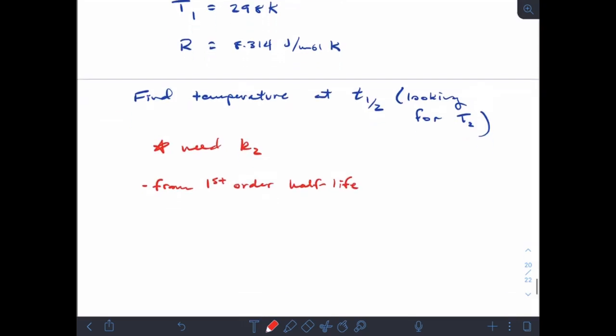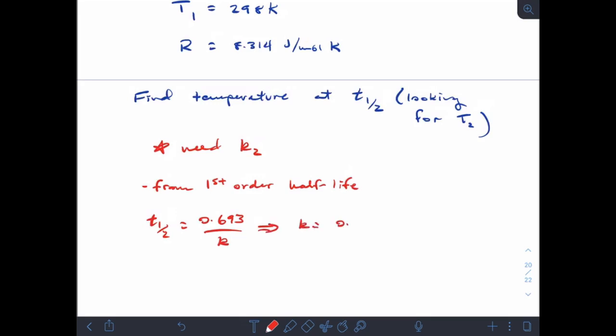Okay? So T1 half, 0.693 over K, right? Rearrange, and I get K equals 0.693 over T1 half.